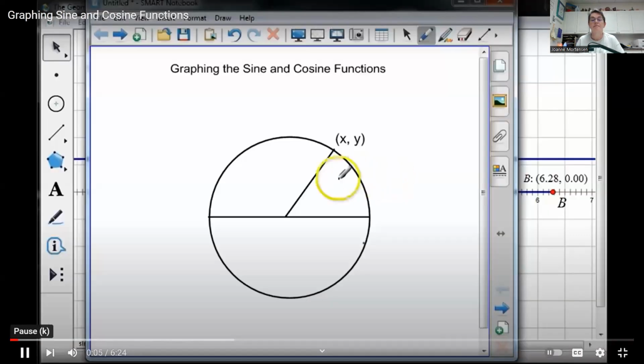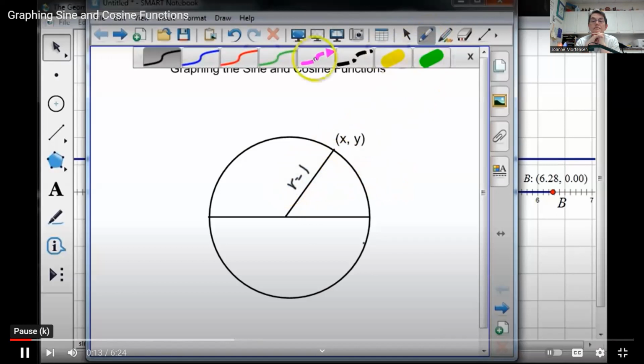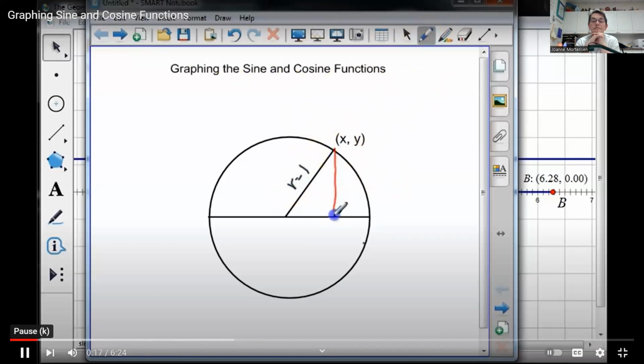Cosine functions. To start with, I'm on a unit circle. That means the radius is 1. If I draw a little segment straight down that forms a right triangle, then this vertical distance is y. This horizontal distance is x. So from the origin, I go out x, I go up y, and I hit the point (x, y).